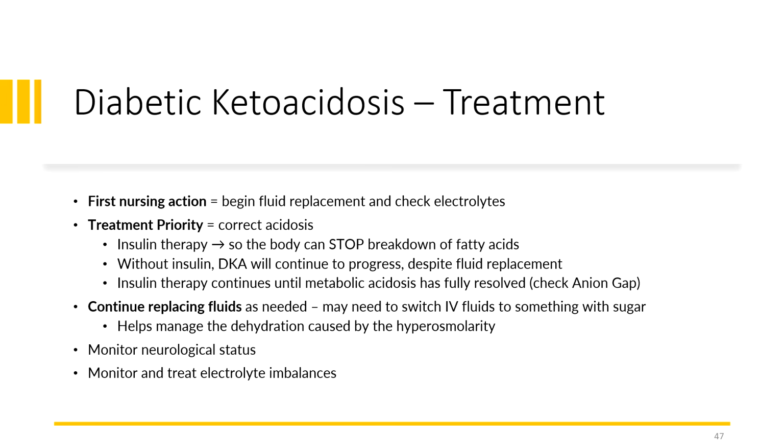We're monitoring the patient's neurological status because severe hyperglycemia and acidosis can affect the brain function. So they could start off as confused, lethargic, have decreased level of consciousness. And as we are treating our patients, they might become more alert, right? More oriented. They're able to talk to you a little bit more.